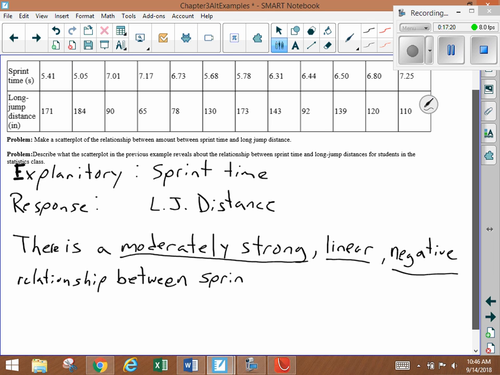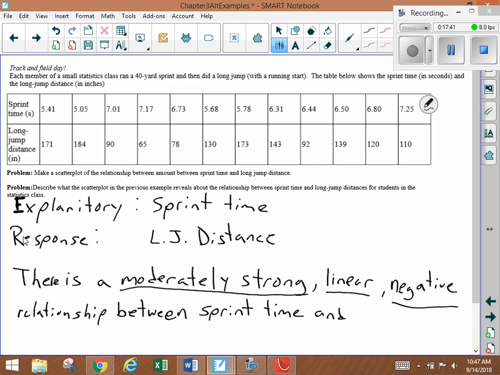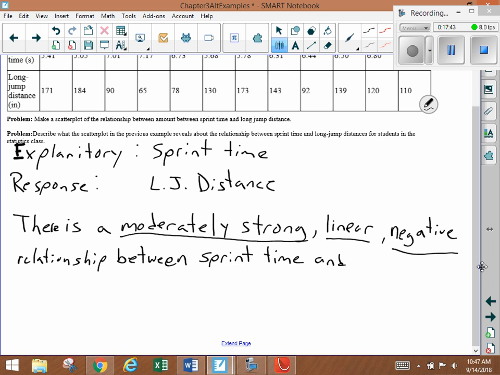We've already explained what our explanatory and response variables are. I don't need to do it in this sentence necessarily. It's written right above it. Between sprint time and long jump.